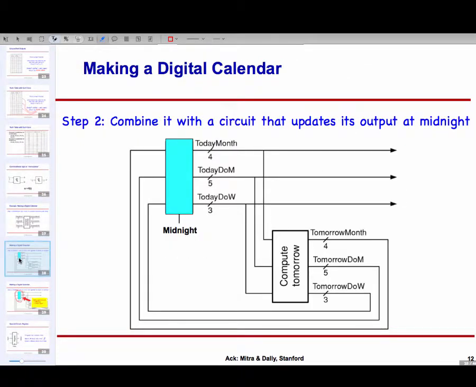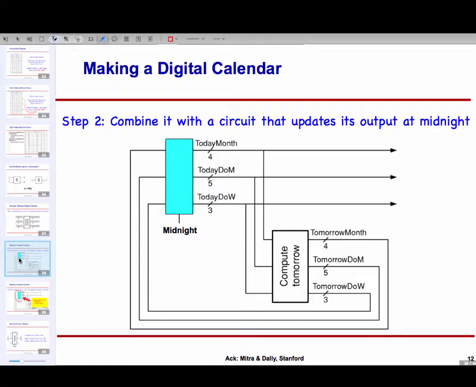Now, what this notional nightstand clock might do is the following. At midnight, I get some sort of special signal, and we'll see later in the course how it might work. I have this special circuit which, at the stroke of midnight, reads its input and puts it on the output.